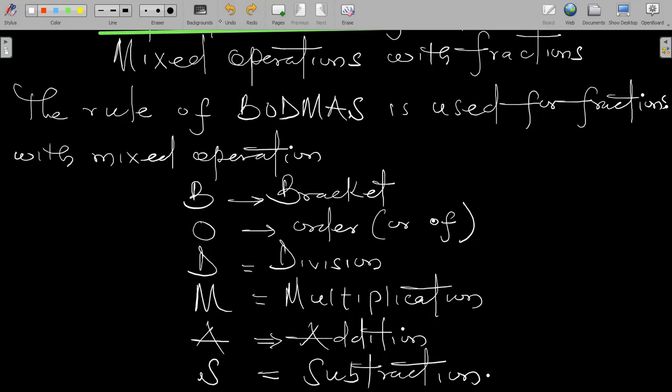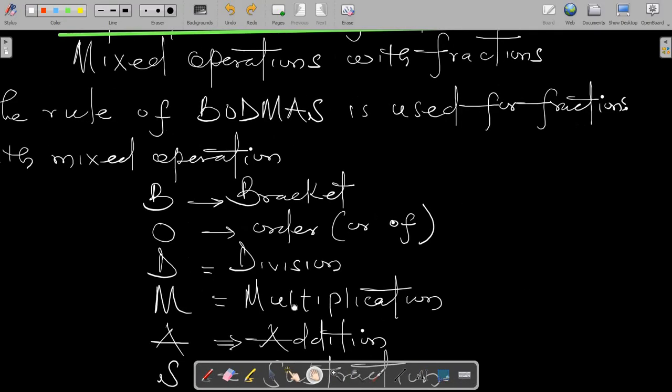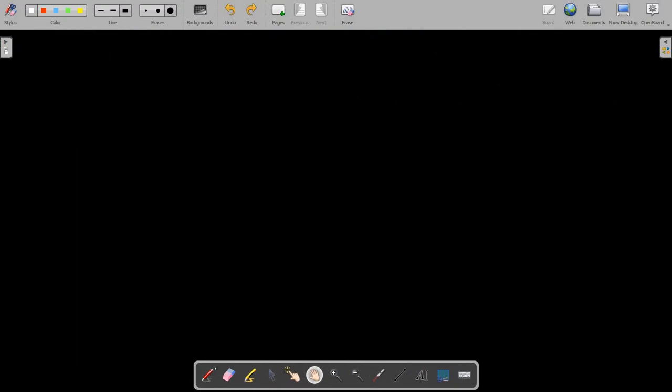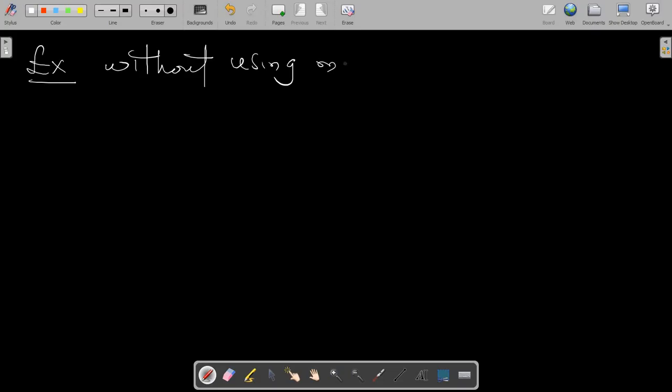So now let's go straight into question solving. Let's say we are asked to solve this question. Example: without using mathematical tables, simplify.